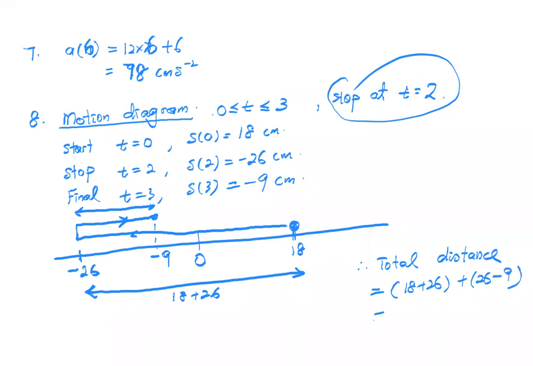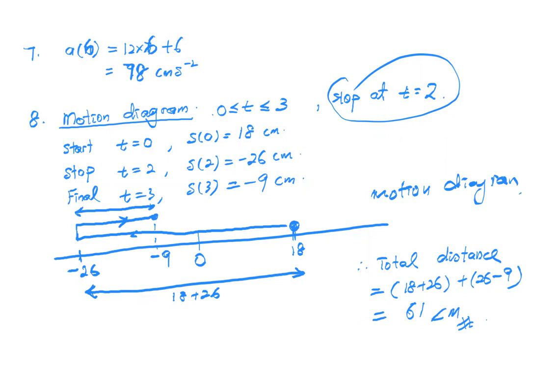So the answer is 61. So this is called a motion diagram. Everyone must learn how to draw, because in the exam, I can ask you to draw the motion diagram and find the total distance traveled.